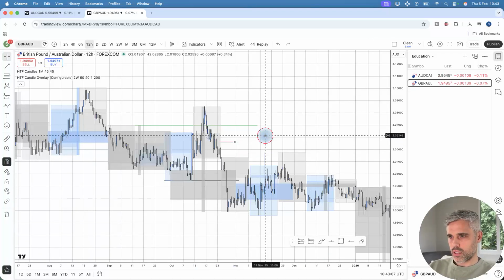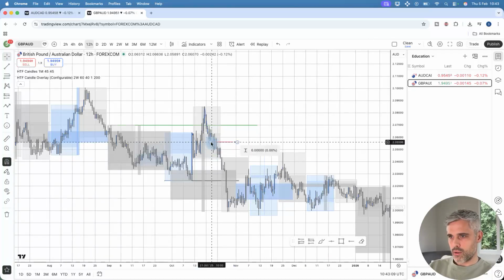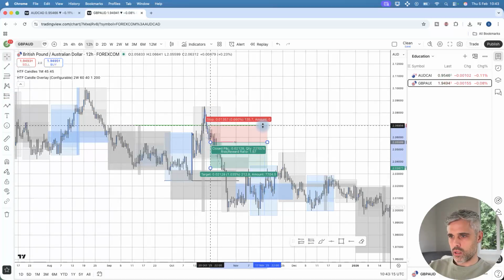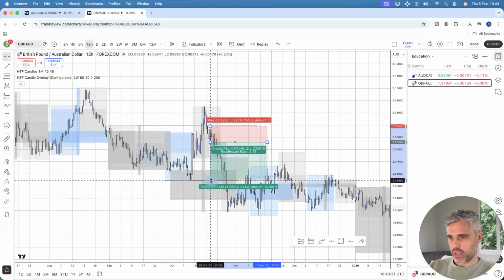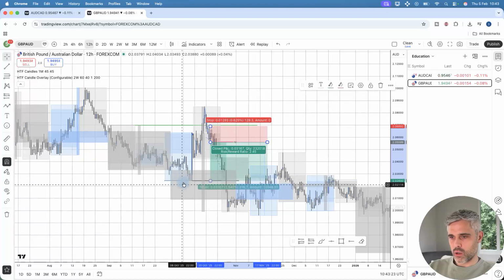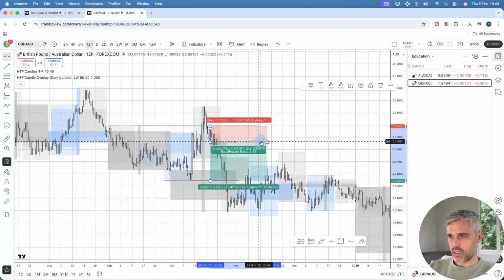So as soon as we see this getting closed below, buy to sell, we can set our limit order right here on the order block. Either cover the order block itself or higher, it's completely up to you here. And first target is the low of the 2 week accumulation candle.